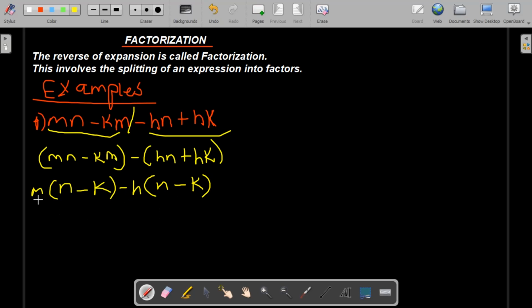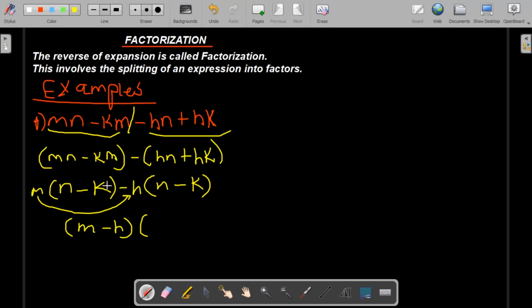And then after that, now we're going to get the value which is outside. We put them together. So we're going to say it's m minus h in brackets, and then open brackets again.